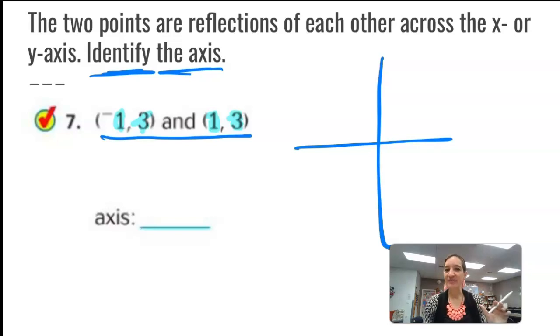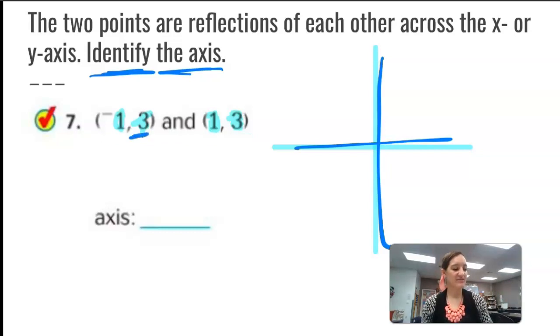And so I know they are reflections, but I need to know, did they flip on the x-axis or did they flip on the y-axis? So let's draw and figure it out. -1, +3 will be negative positive, so that will put me in quadrant 2. And then positive will put me in quadrant 1.